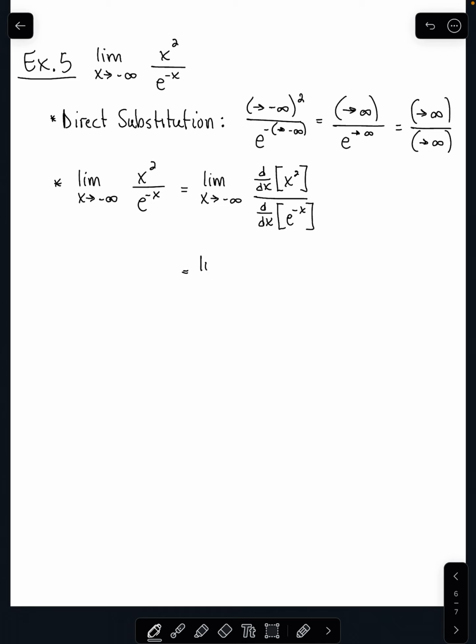The derivative of the numerator then is 2x, while the derivative of the denominator is negative e to the negative x. Direct substitution here, in the numerator, we have 2 times something that is an incredibly large negative number, resulting in something that is an incredibly large negative number.